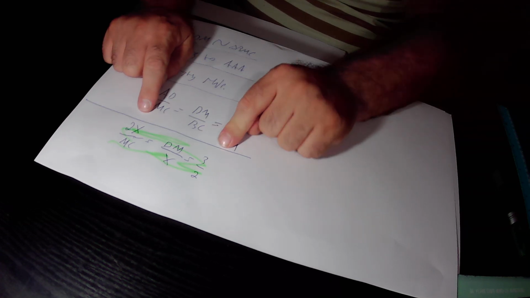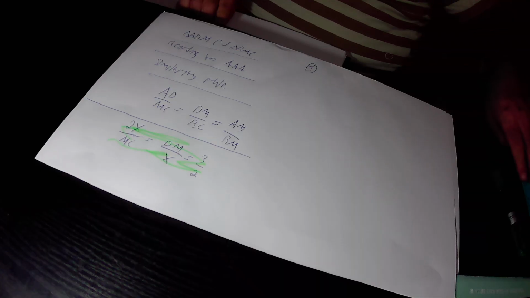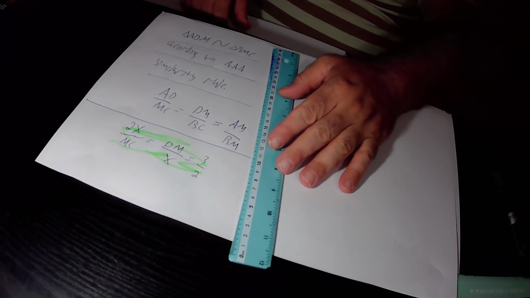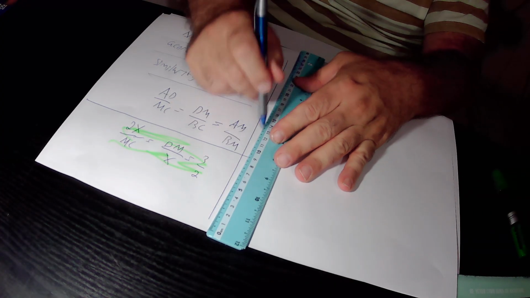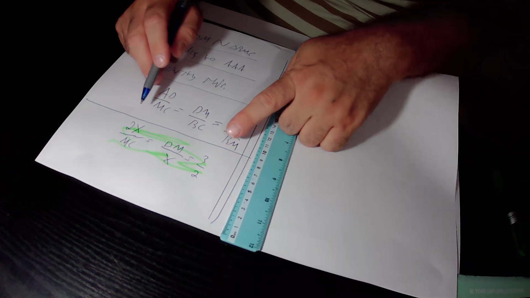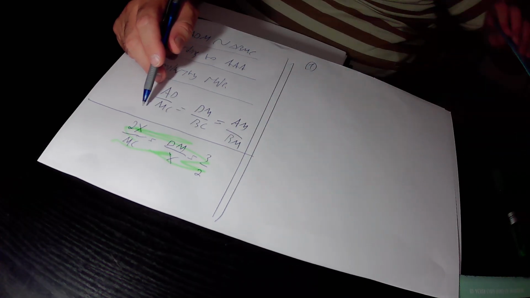Those two expressions are equal to each other, therefore we get equation 1 from those two expressions that are equal to each other. So we get that 2x over MC equals 3/2 according to the first equation.